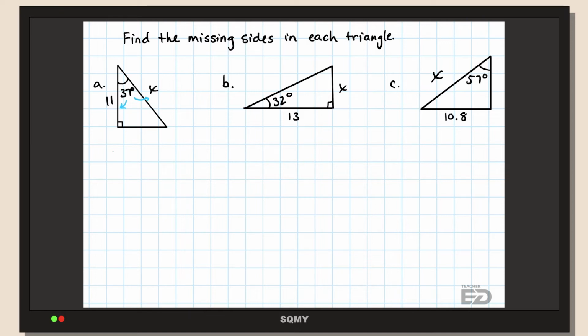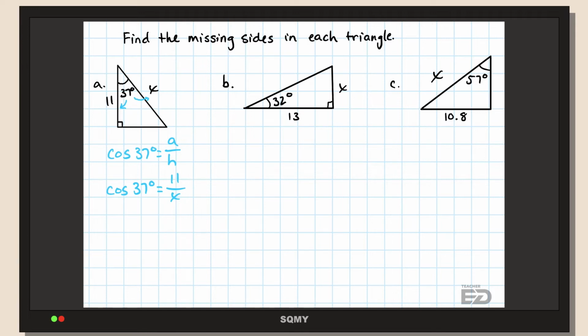So if cosine 37 is equal to adjacent over hypotenuse, we can say cosine 37 degrees is equal to my adjacent of 11 over my hypotenuse, x. Now we're just solving this like an algebraic equation. Let's move our x to the left side and then move our cosine back to the right.